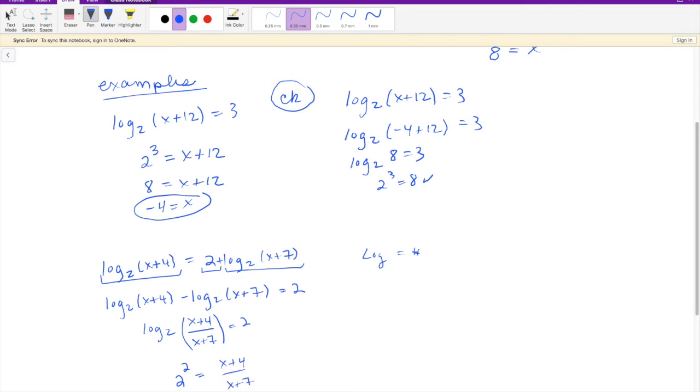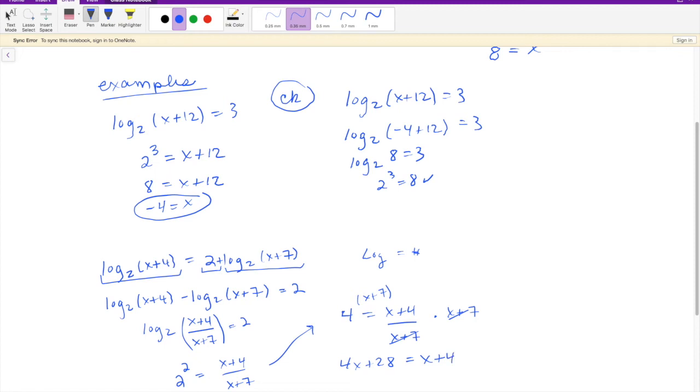So now I have a rational equation to solve. 2 squared is 4, which is equal to (x plus 4) over (x plus 7). So multiply both sides by x plus 7. So this is 4x plus 28 is equal to, they cancel on this side, so x plus 4.